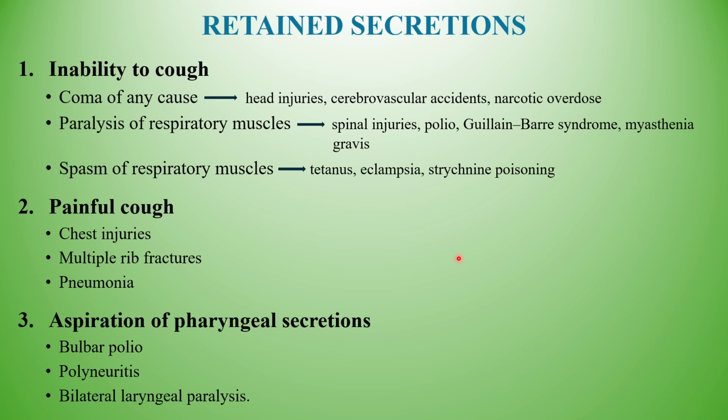Then any patient with painful cough like chest injuries, multiple rib fractures, to ease the process of respiration, tracheostomy is done. And cases where there is too much aspiration, again tracheostomy has to be carried out.